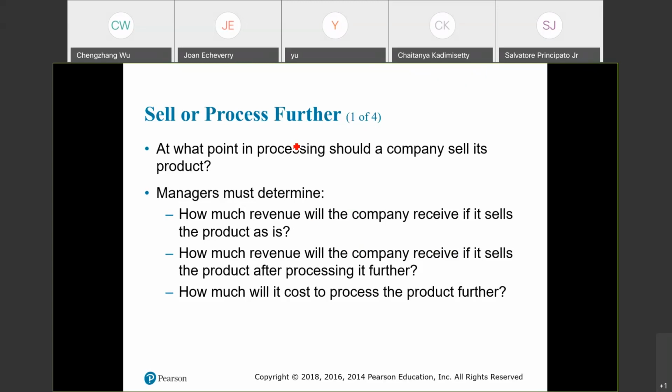Some questions that managers must consider when deciding whether to sell or to process further include these three questions. 1. How much revenue will the company receive if it sells the product as is? 2. How much revenue will the company receive if it sells the product after processing it further? 3. How much does it cost to process the product further?